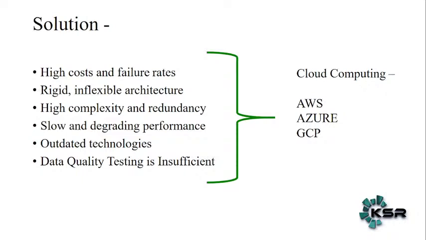To manage this high cost, flexibility, and performance issue, we can start thinking about cloud computing. Cloud computing is like a system which can do everything for you at a limited cost.